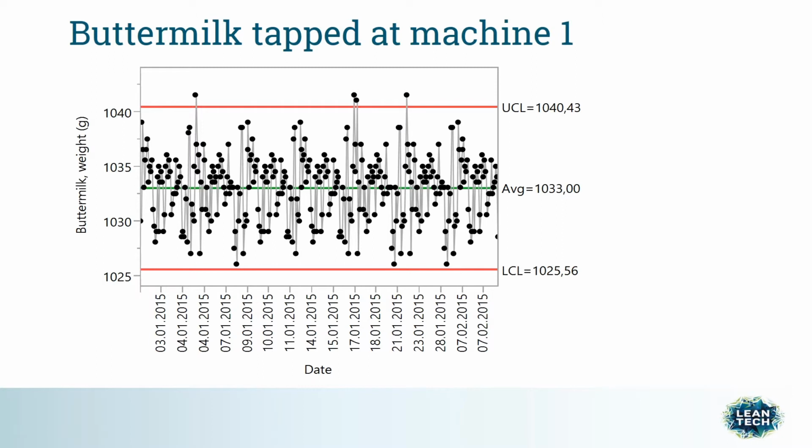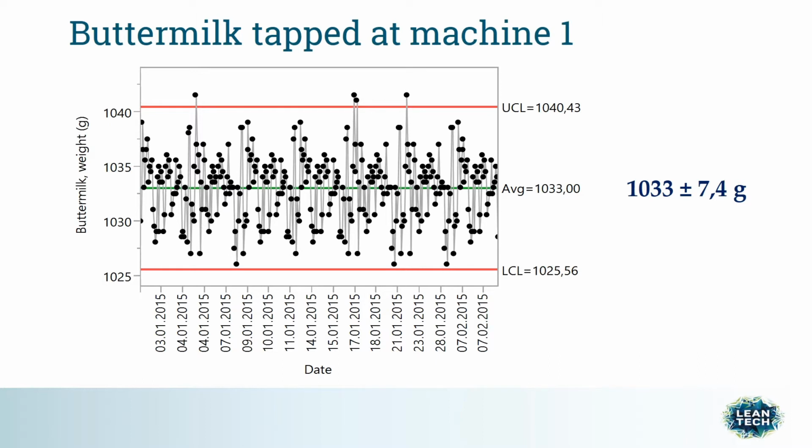This is a control chart of buttermilk tapped at machine number 1. The average is 1033 grams, and you have an expected normal variation of plus minus 7.4 grams. If we look back at skimmed milk tapped at machine number 1, the variation was plus minus 1.5 gram. So you have a much greater variation for buttermilk compared to skimmed milk.